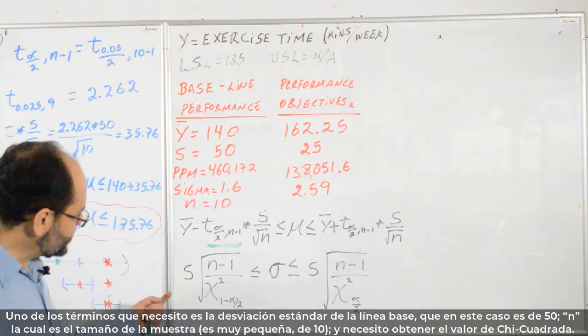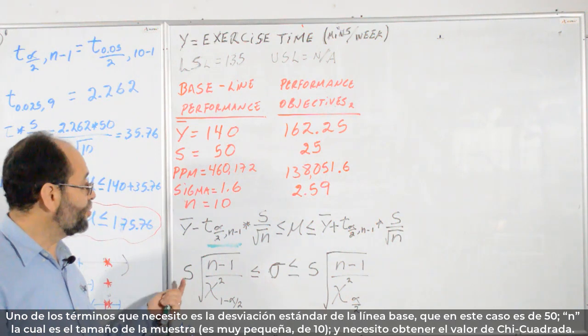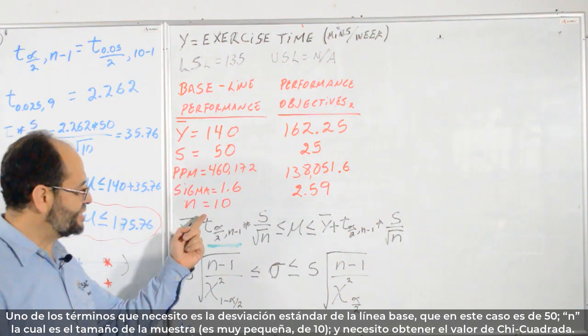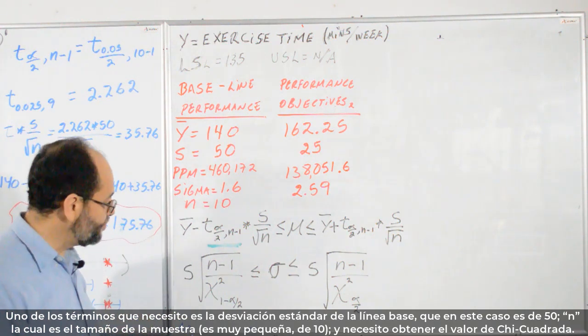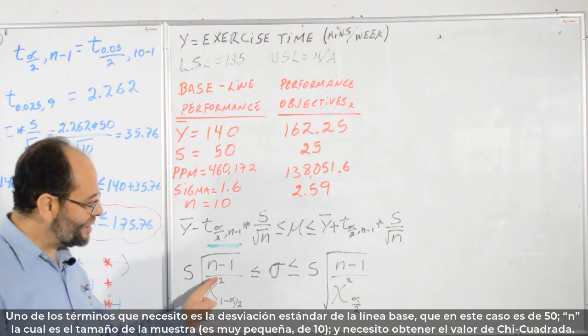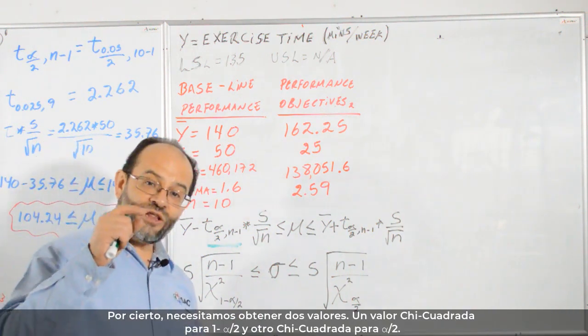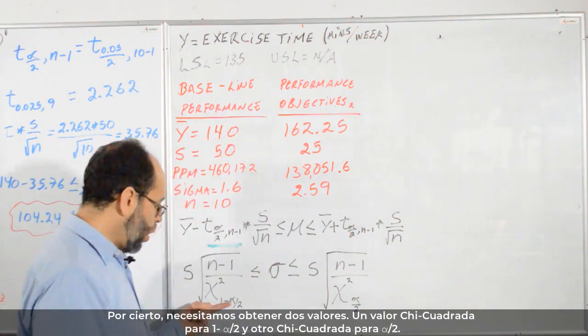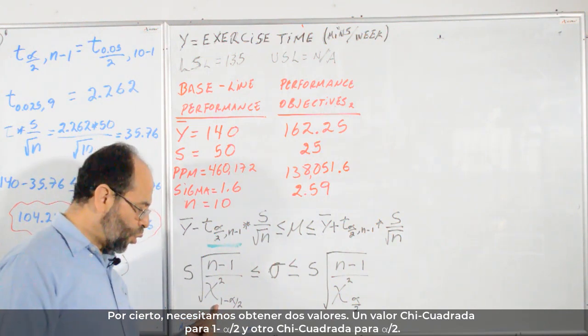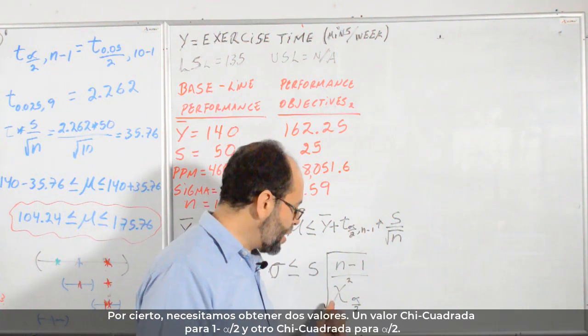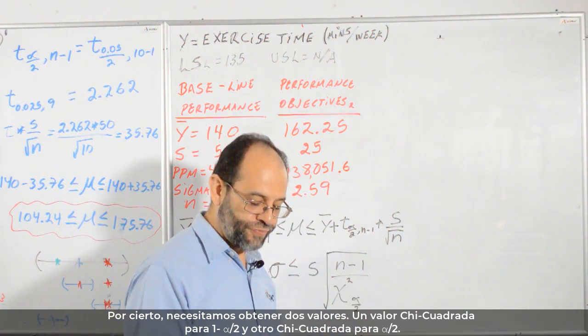One of the terms that I need is the standard deviation of the baseline, which in this case is 15. N, which is the sample size, is very small, it is 10. And here I need to get this chi-square value. But by the way, we need to get two values: one chi-square for 1 minus alpha divided by 2, and one chi-square for alpha divided by 2.